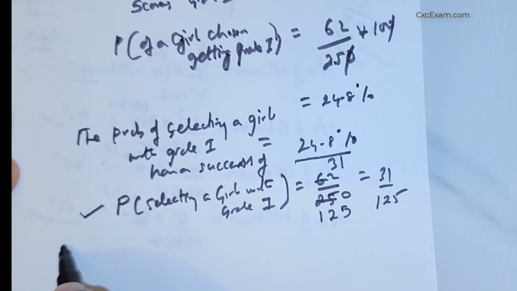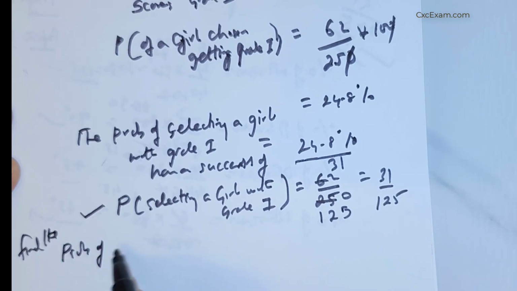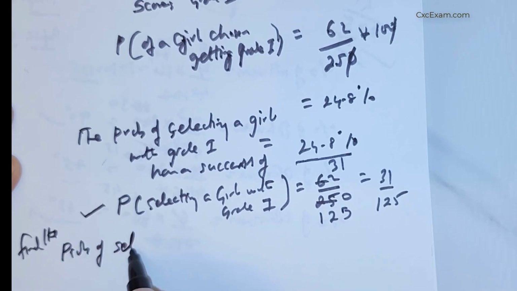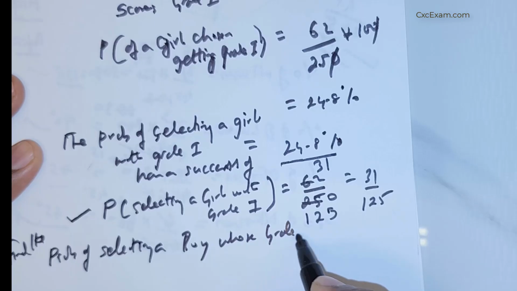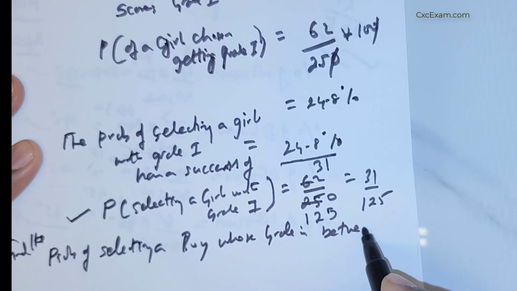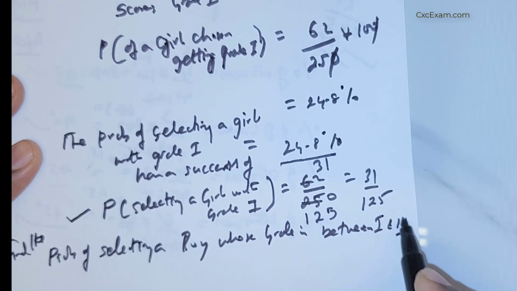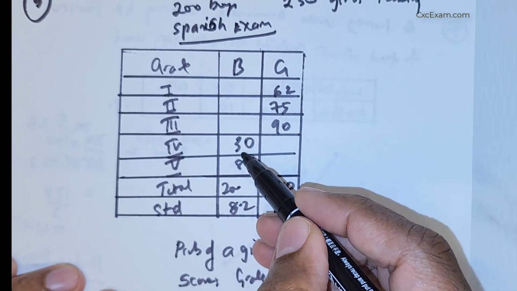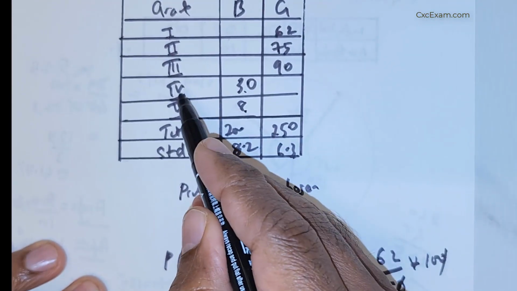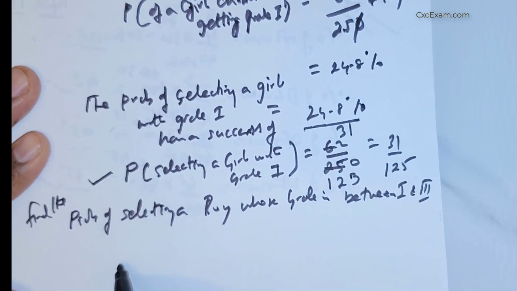What is the next point? What is the probability? Okay, they are asking us to find the probability of selecting a boy whose grade is between 1 and 3. Now we are not given any data points for 1 and 3, but we are given the grades for 30 and, or I would say grade 4 and grade 5, that's 38.